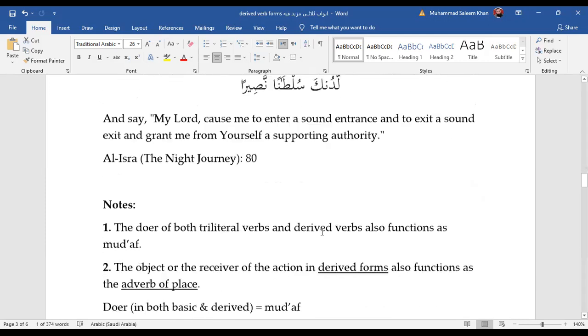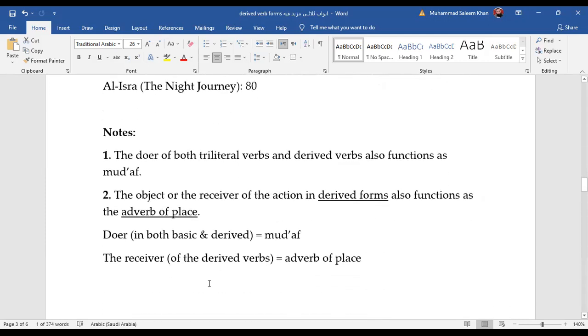Look here, I have written it down so that if it's confusing, inshallah it will be clearer. The doer in both basic and derived forms is always used as mudaf. And the receiver of the derived verbs only, mazid fi forms, is also used as adverb of place.